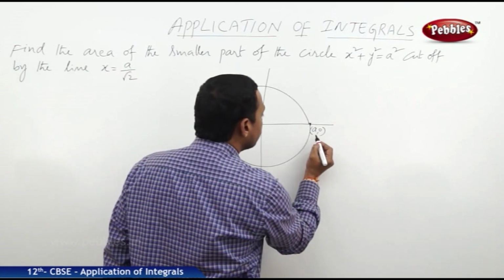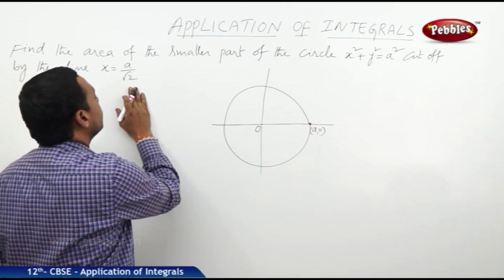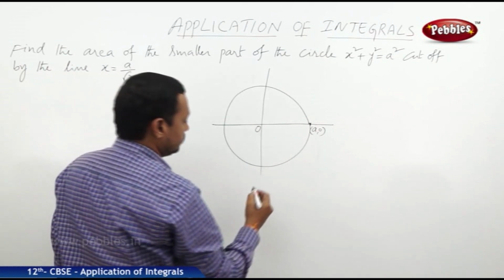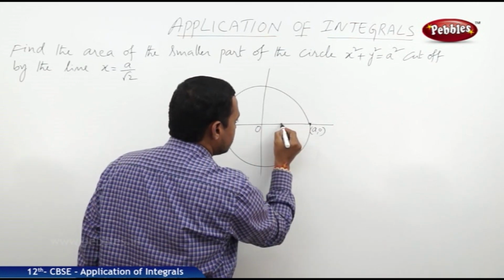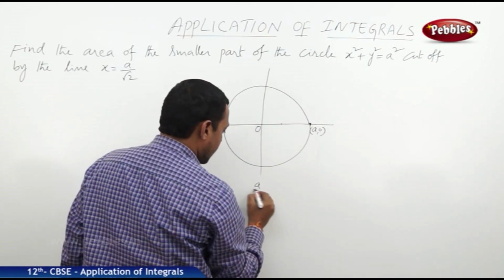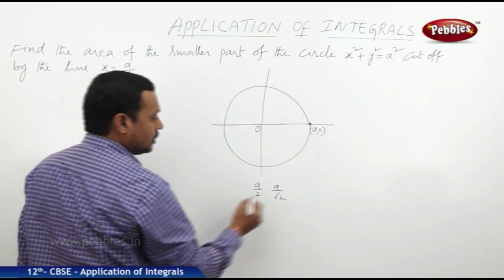But you know, a by root 2 is greater than a by 2. So here half of this length is a by 2. Between a by 2 and a by root 2, which is greater?